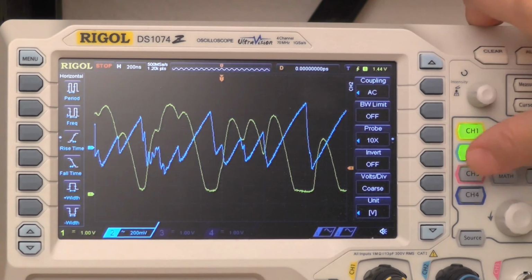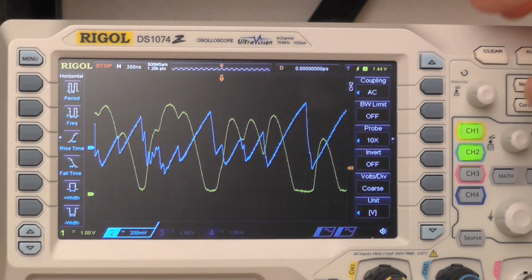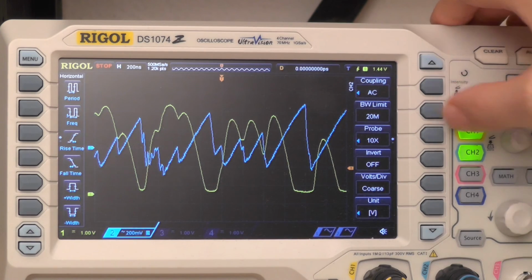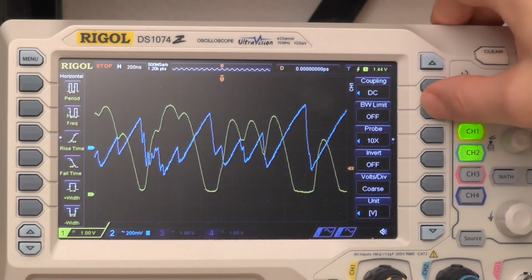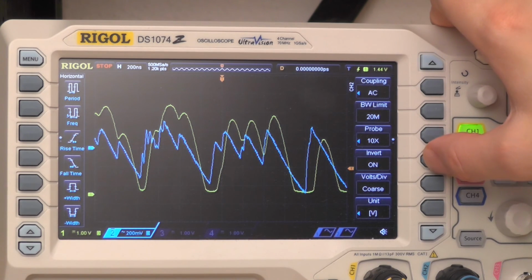And now when we take a look at the oscilloscope, we see the blue line is the first stage output, the yellow one is what we actually get from the entire circuit. A couple things we can do: set the bandwidth limit to 20 megahertz on each. And what's then useful is to invert the first stage signal.